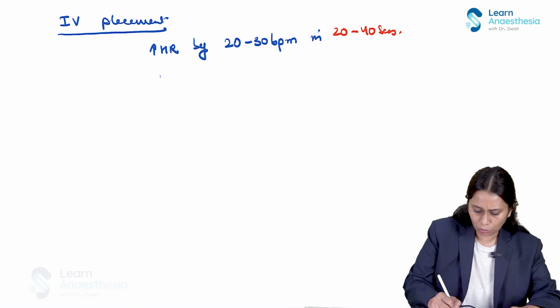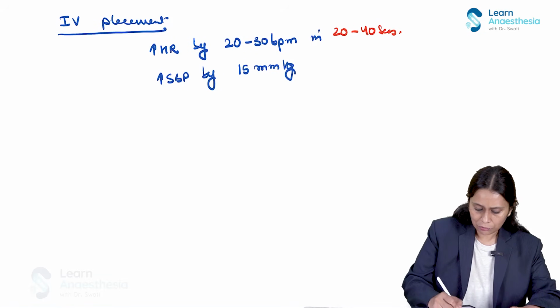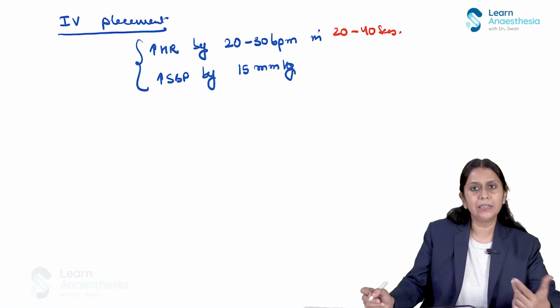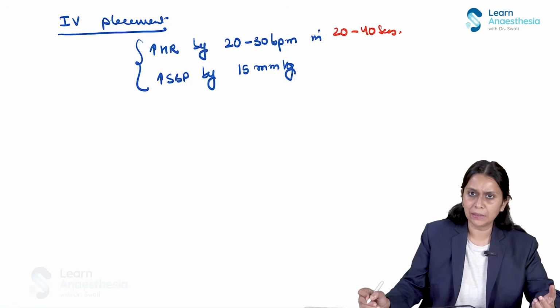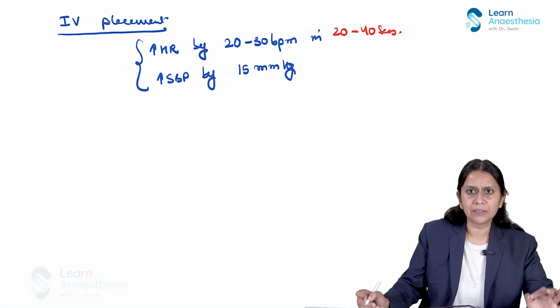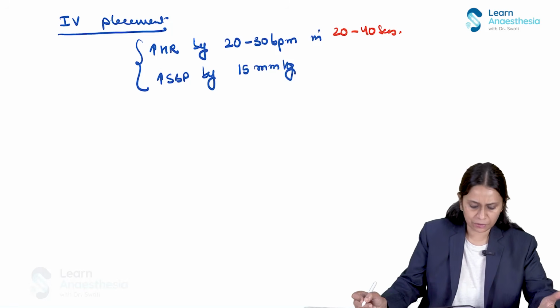And the systolic blood pressure would increase by 15 to 20 mm of Hg, right? So when I see these two, increase of heart rate and increase of systolic blood pressure over the baseline, there is a possibility the catheter is placed unintentionally into intravascular space.